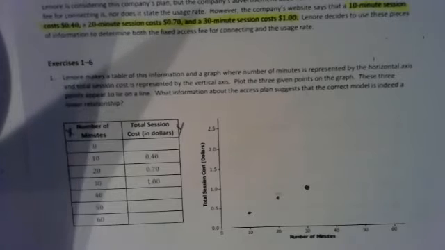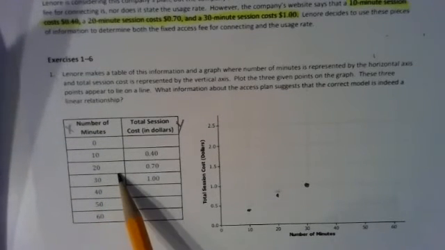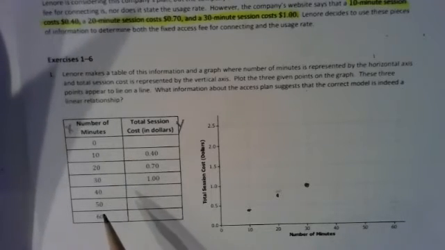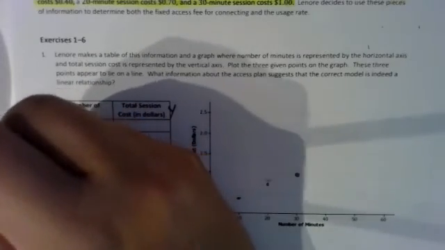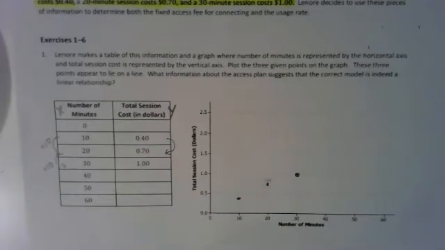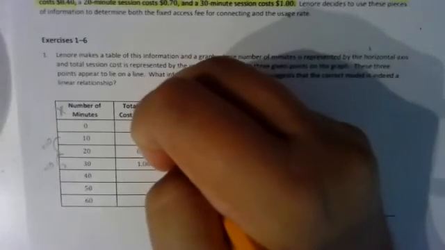When the number of minutes increases by 10, so when it went from 10 to 20, or from 20 to 30, how much does the charge increase? 30 cents, so 0.30.